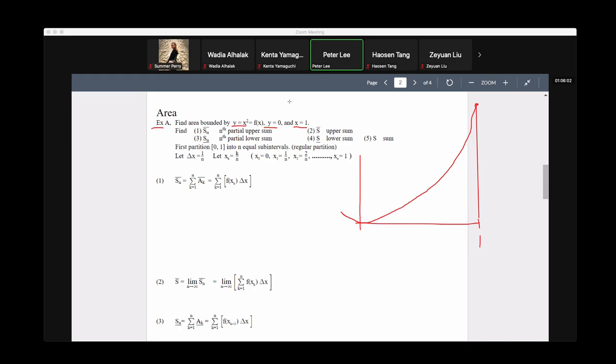Then this one here is the point 1, comma 1. And this curve, of course, is y equals x squared.